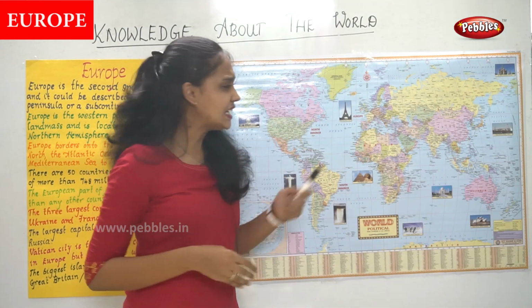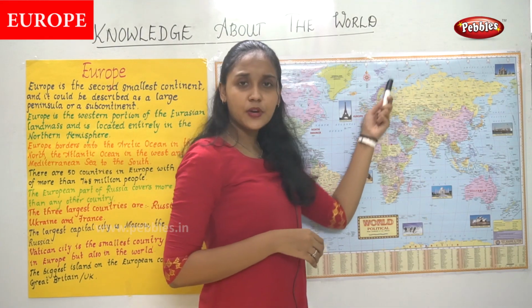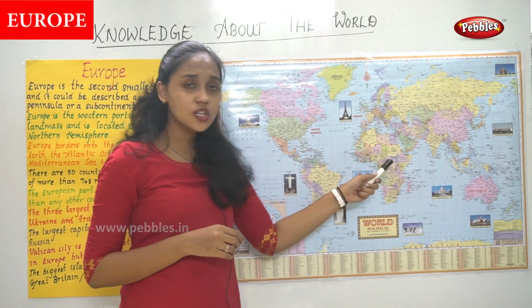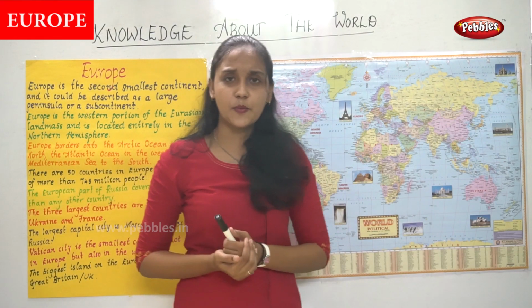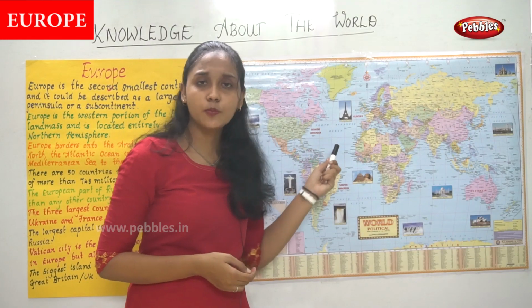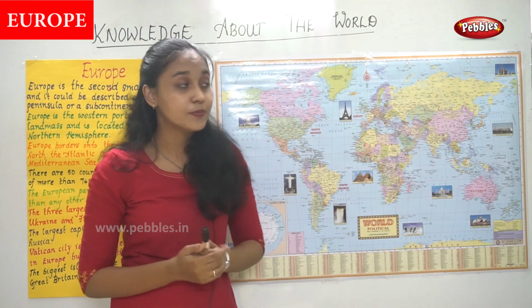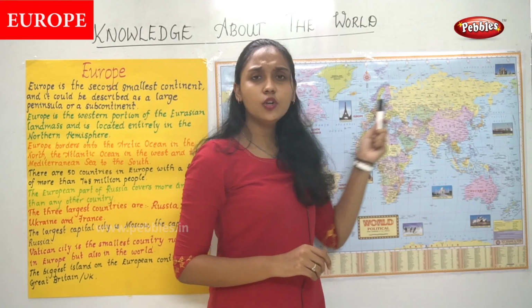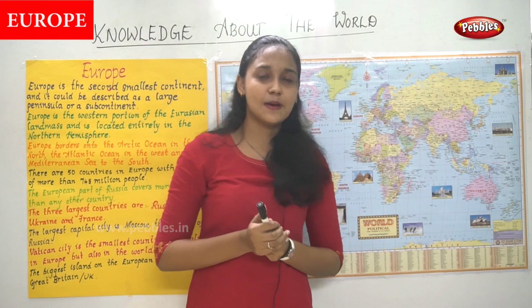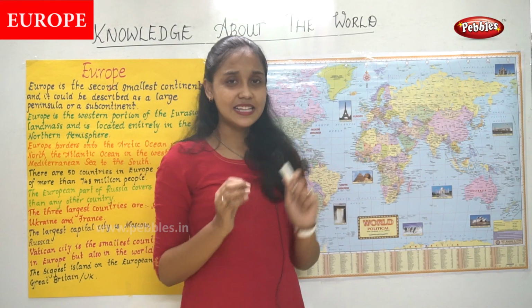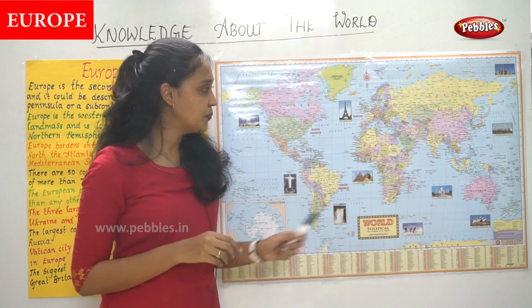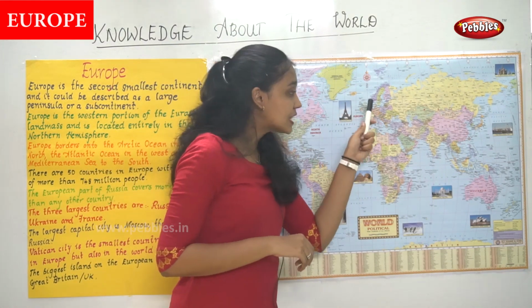And technically there is no separation here, right? The other continents have the natural separation with water bodies. The oceans separate them. However, here we do not have a technical separation. So that is something you need to know. Now we are going to learn about this continent.